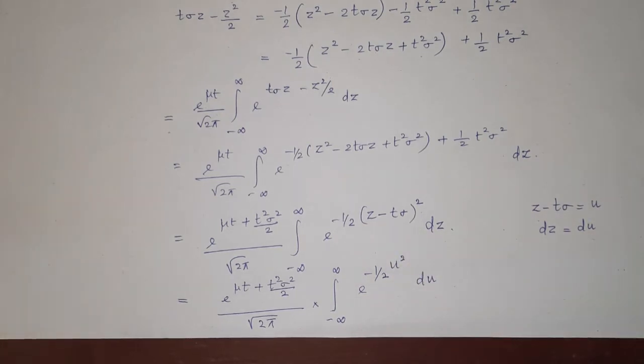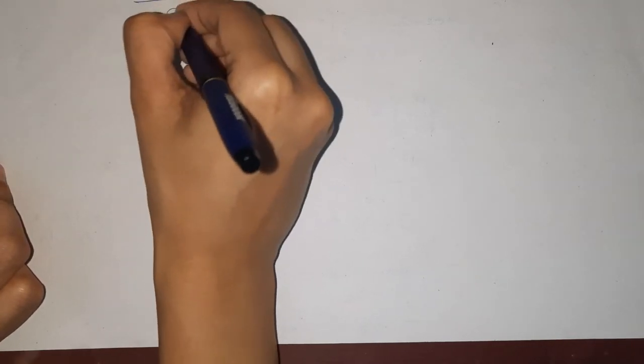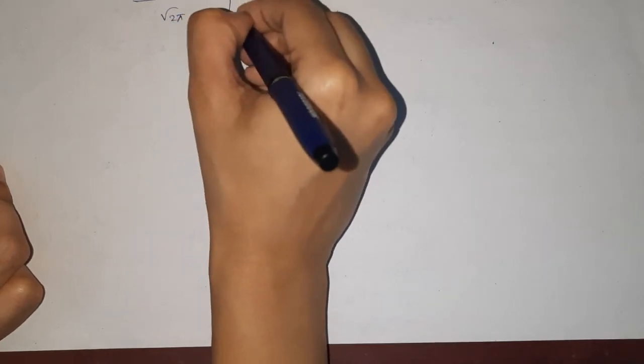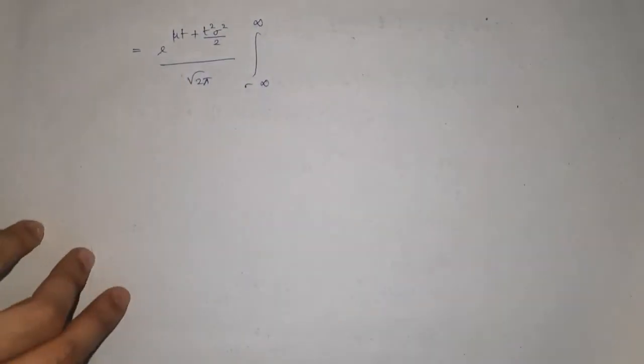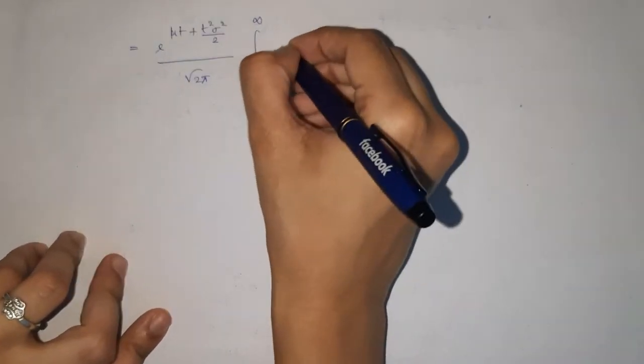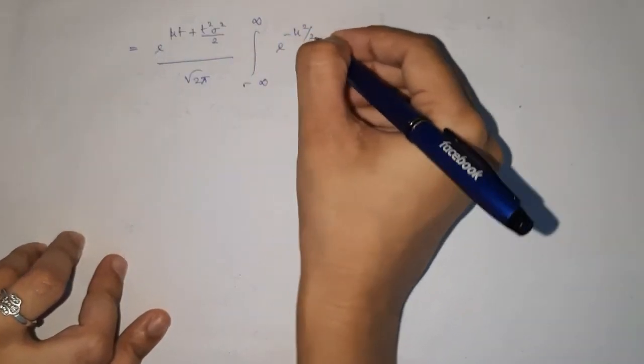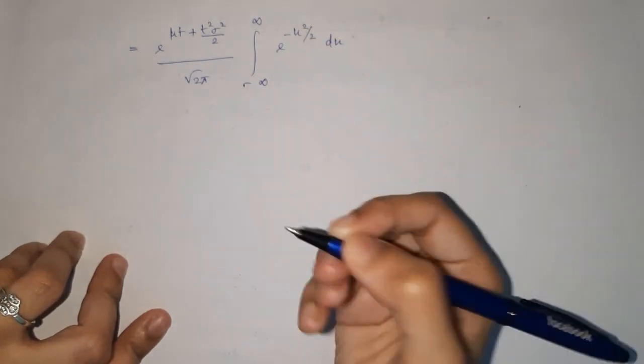Isn't it? Yes. So what we have got is e raised to mu t plus t square sigma square divided by 2, divided by root 2 pi, integrating from minus infinity to infinity e raised to minus u square by 2 du.